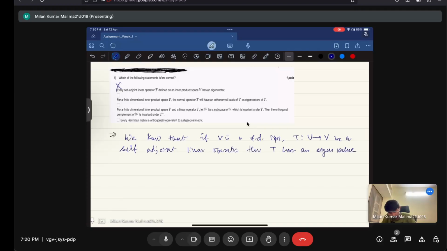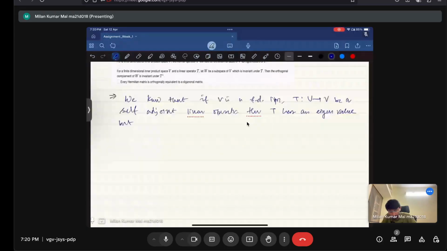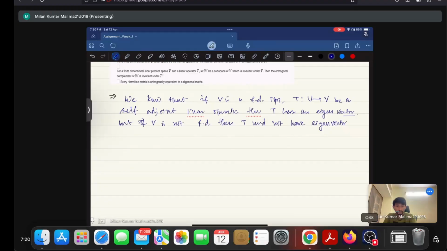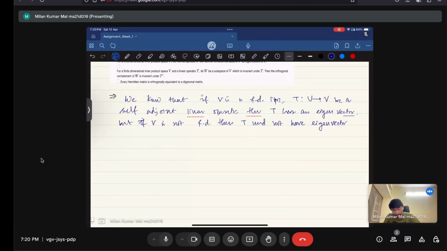But if T is not self-adjoint, or V is not finite dimensional, then T need not have an eigenvector, right? So we need not have eigenvectors.